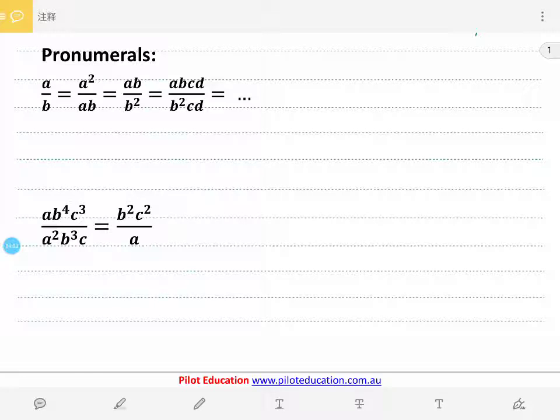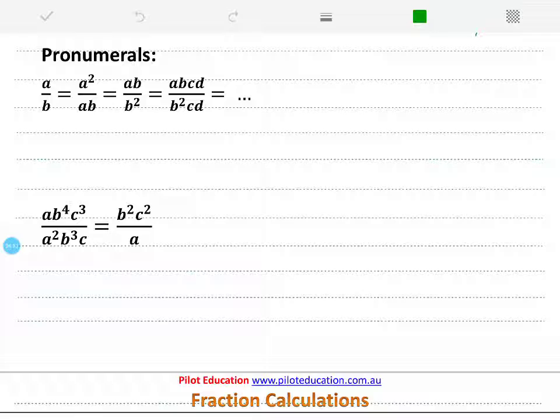So we finished the examples for numbers. We'll do examples for polynomials. So here a/b is a polynomial fraction. You can multiply or divide by any polynomials or numbers, it doesn't matter.